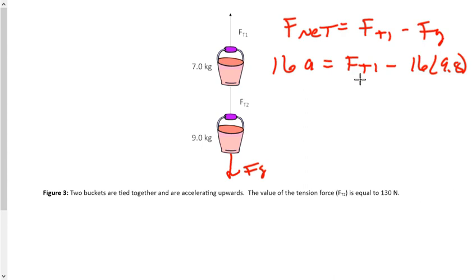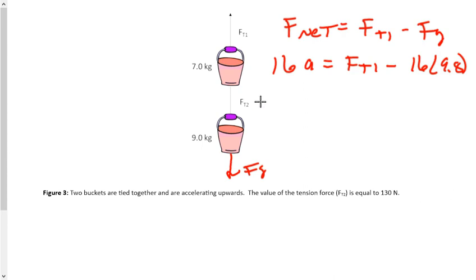And then we can figure out what tension force we have if we're given an acceleration, or whatever we want to find out there. But either acceleration or force tension 1 is going to have to be known in order to solve that system.